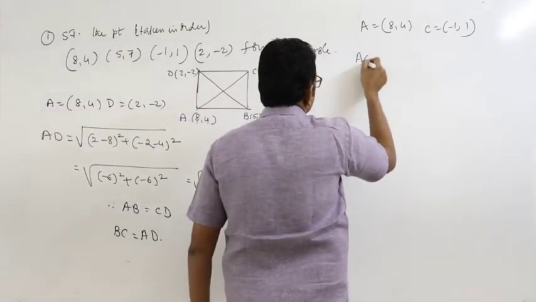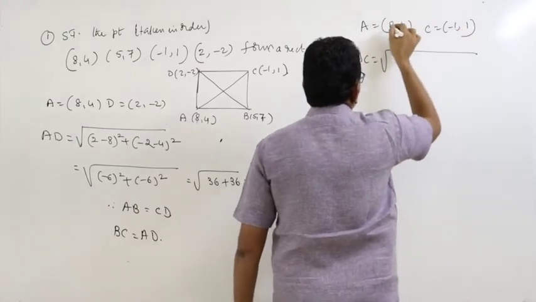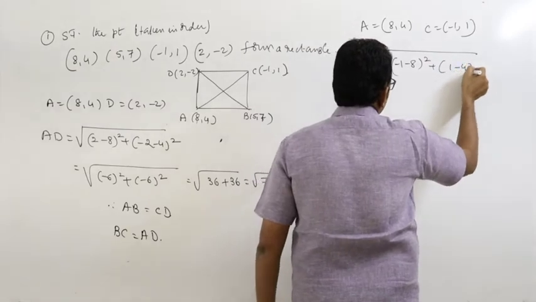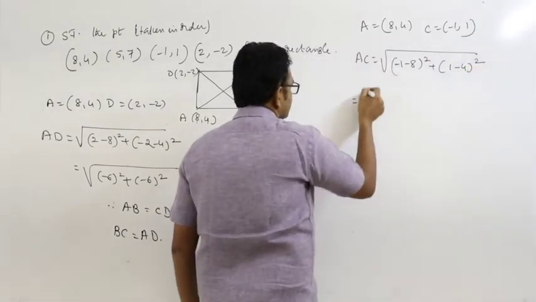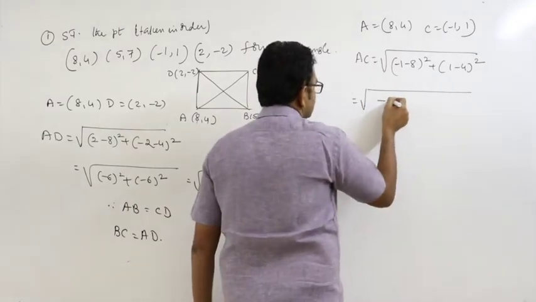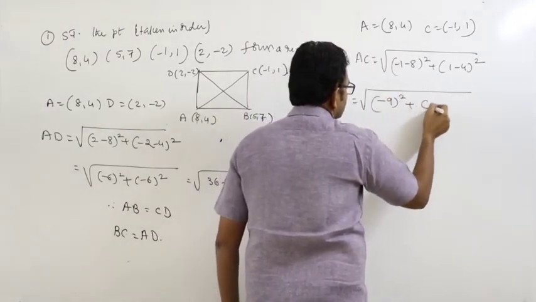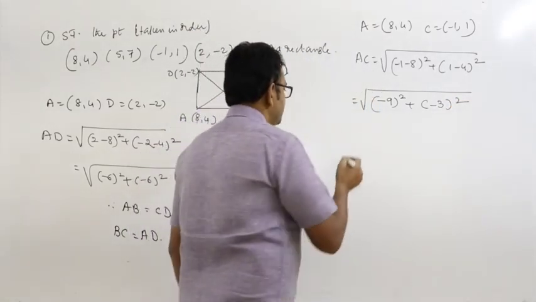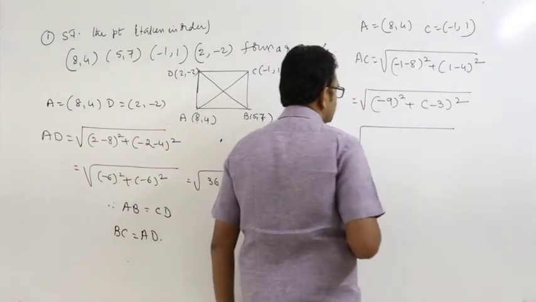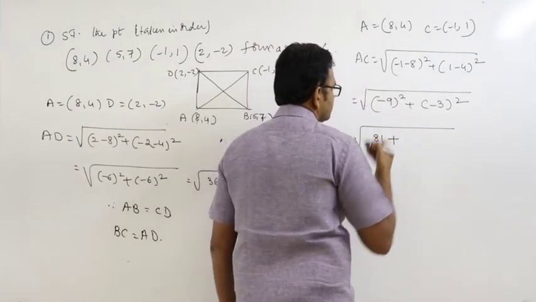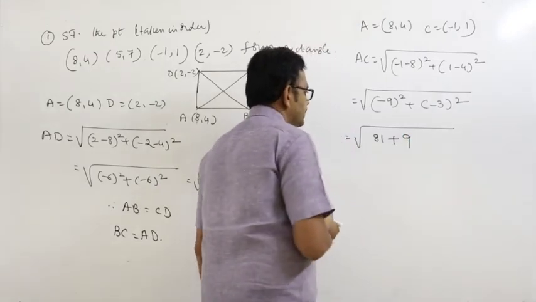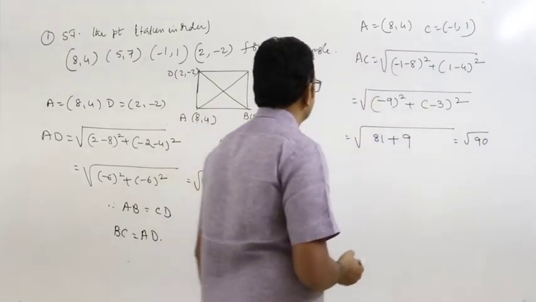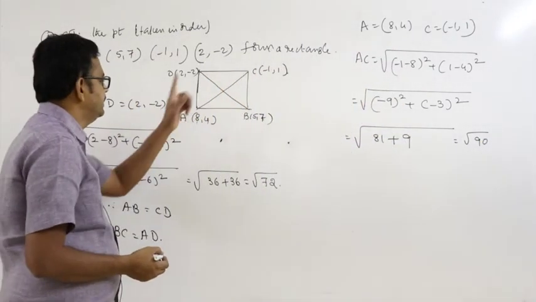Now, length of AC is equal to root of (x2 − x1) whole square plus (y2 − y1) whole square, that is root of (−9) whole square plus (−3) whole square, so 81 plus 9, that is equal to root of 90.